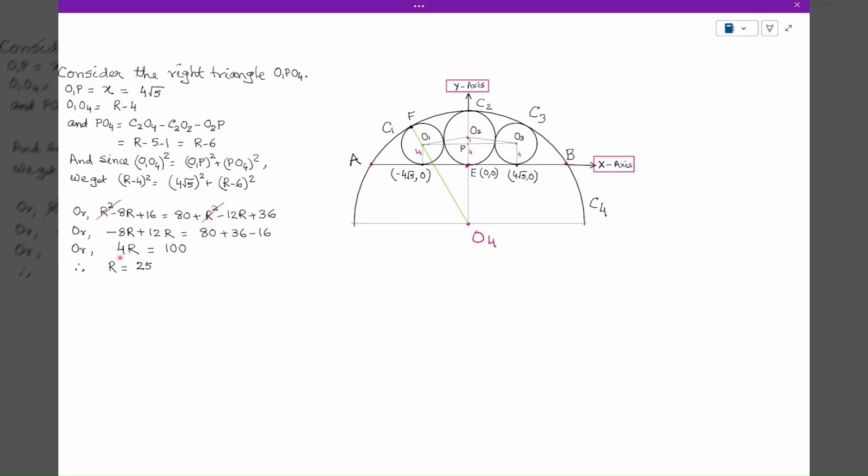Hence we get 4R is equal to 100. This gives us R, which is the radius of the big circle, is 25.